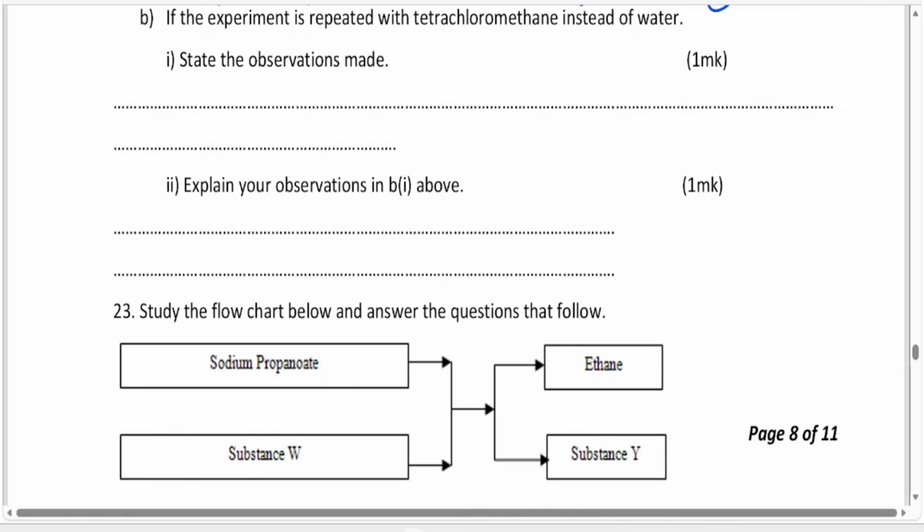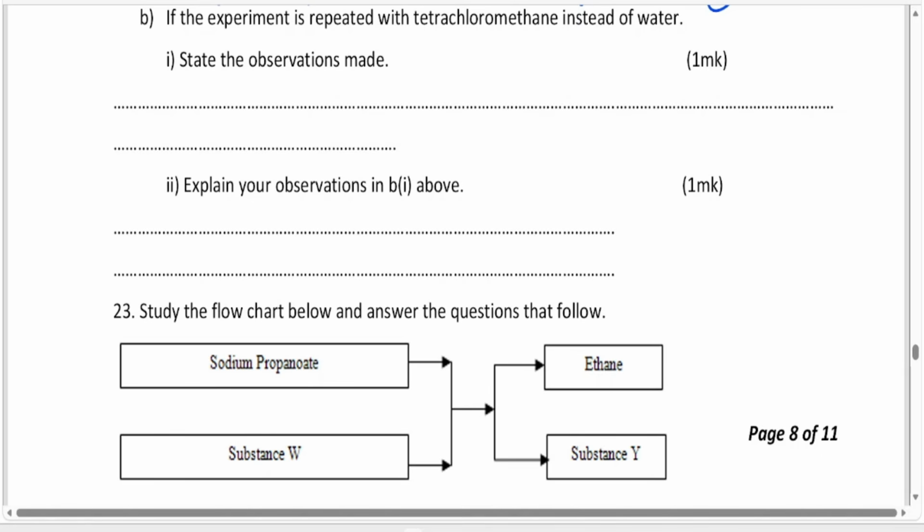We need to understand that water is a polar solvent. Tetrachloromethane is a non-polar solvent. So if I pass this particular gas through tetrachloromethane, I might not necessarily make an observation.